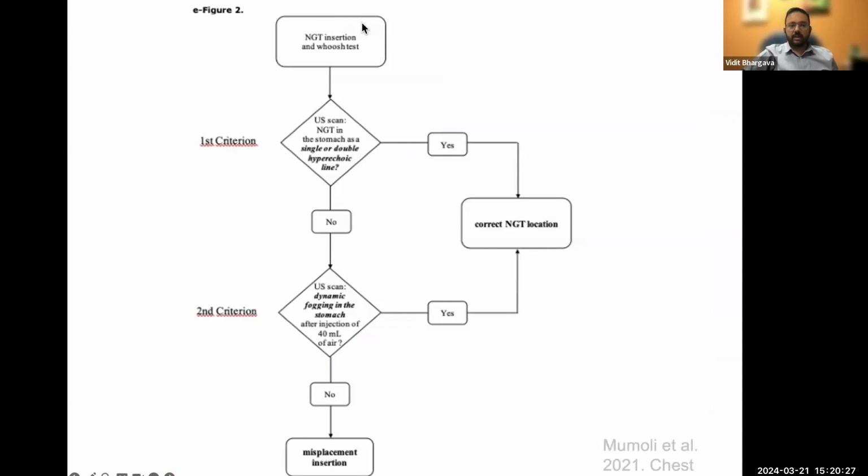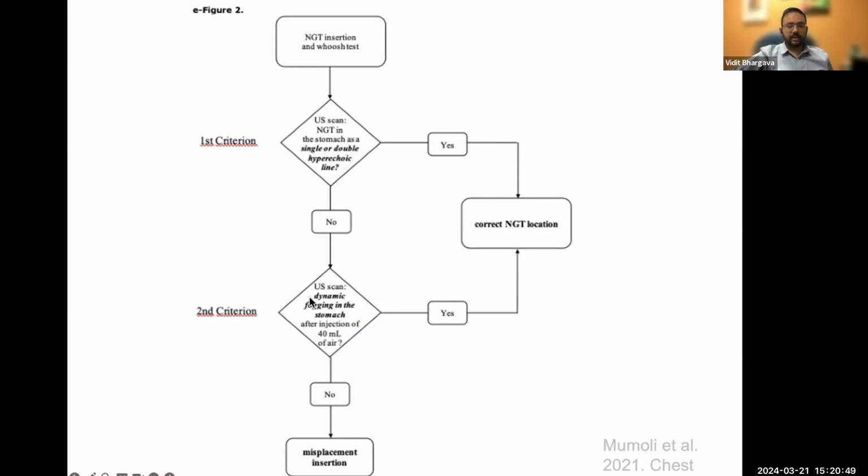What was their protocol? The first thing they did was look at the stomach in the 3 different views that we talked about previously, and look for whether they could see a single or a double hyperechoic line. If they could, they deemed that to be the correct NG tube location.